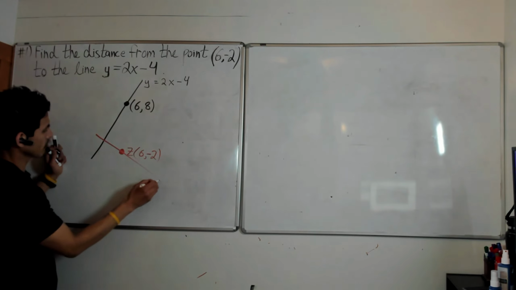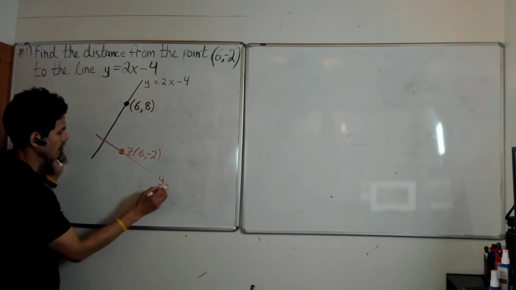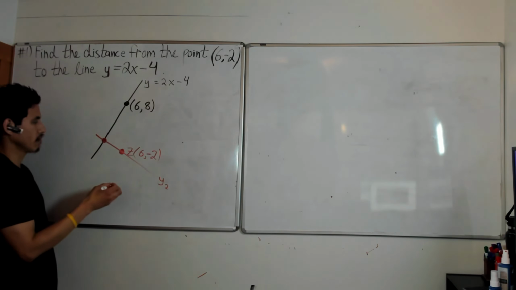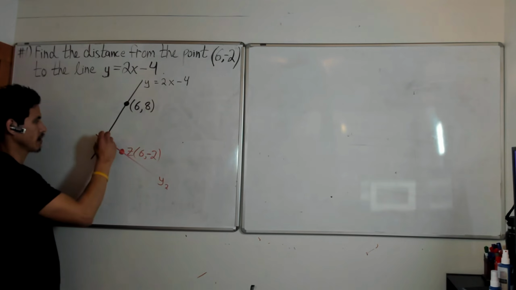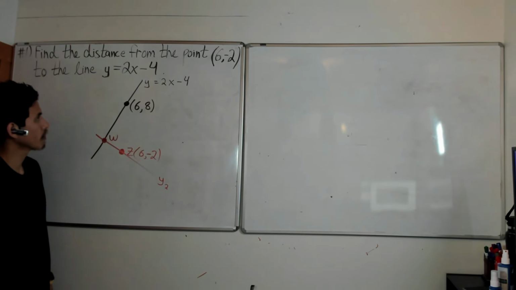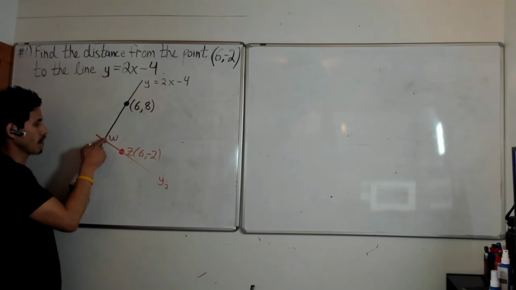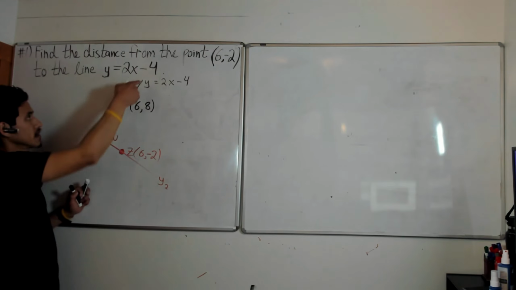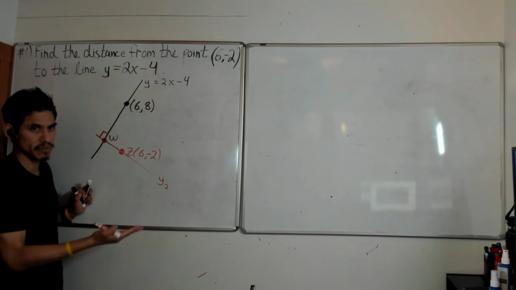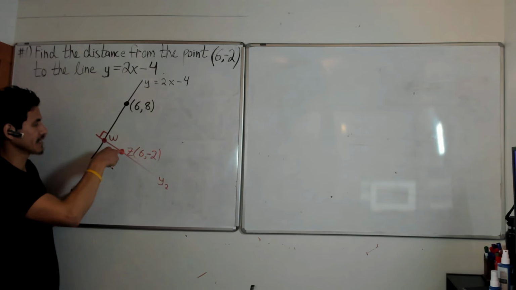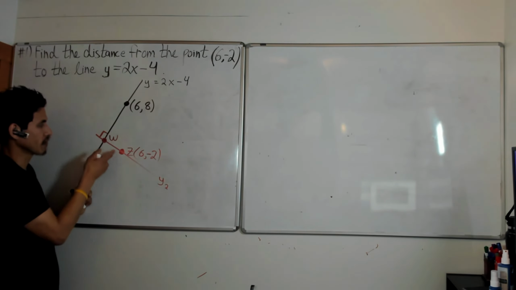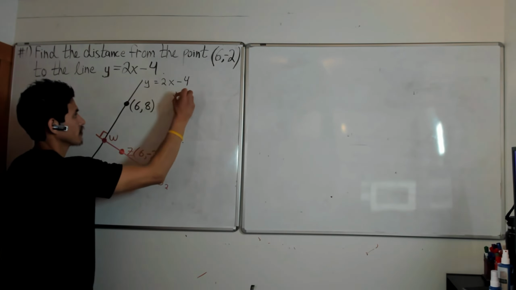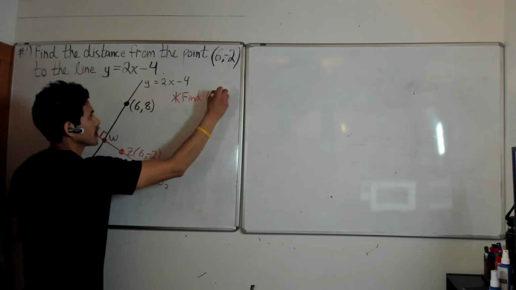We're going to call this line y2, and we'll call the point where it intersects the line W. This line y2 makes a right angle because it's perpendicular to this line. And remember, we need it to be perpendicular because a perpendicular line segment is the shortest distance from a point to the line.